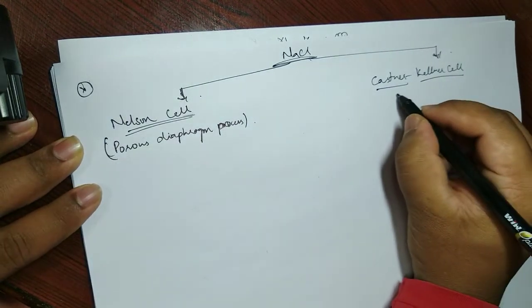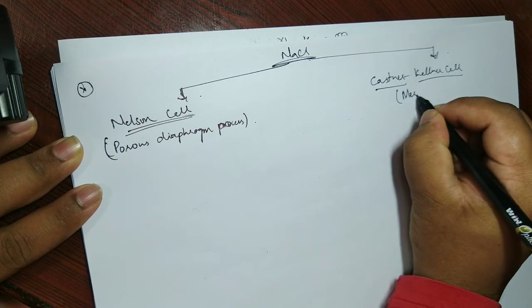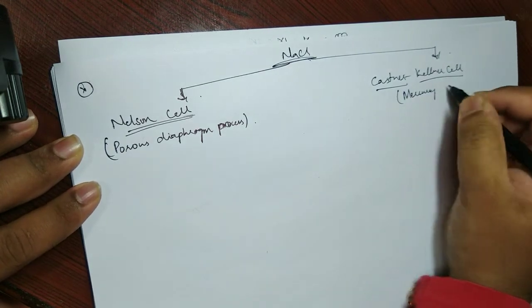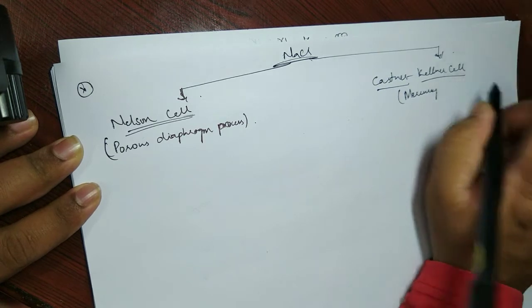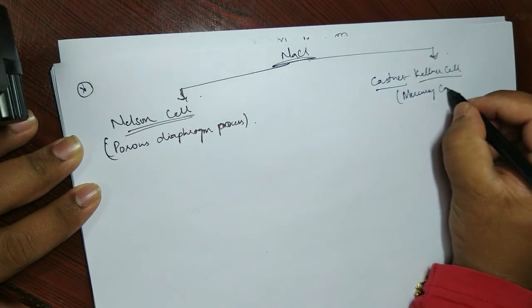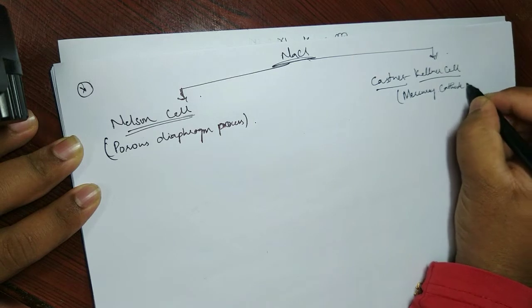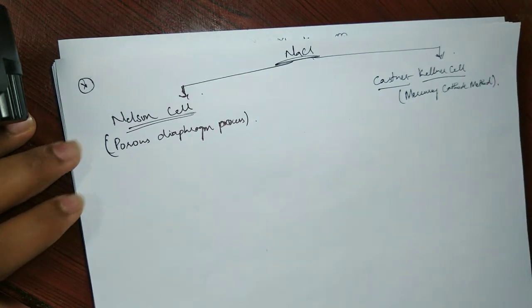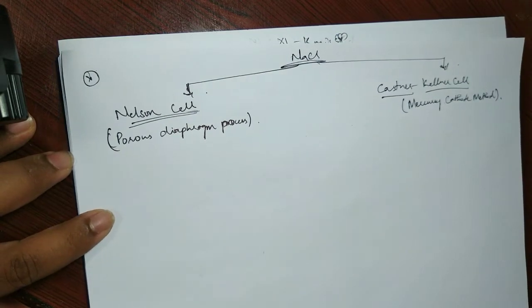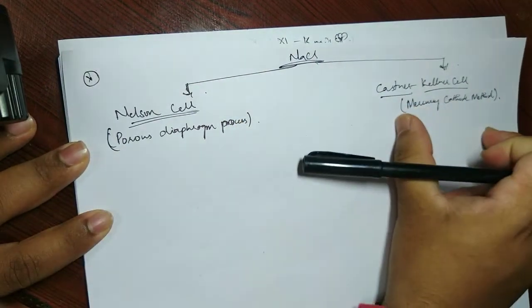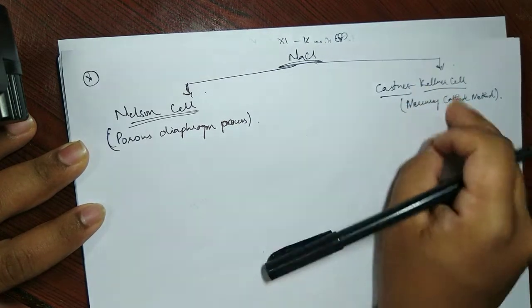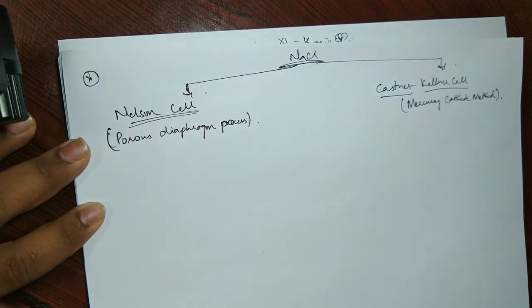The Kastner-Kellner cell is also called the mercury cathode method or process, where graphite is the anode. So it is very much evident what we are going to use: in one cell we use a diaphragm, and here we will be using a metal, that is mercury. So how exactly is it happening, we'll see.